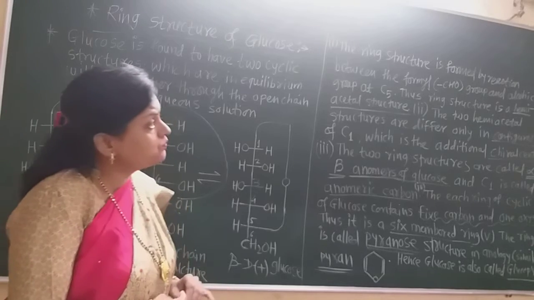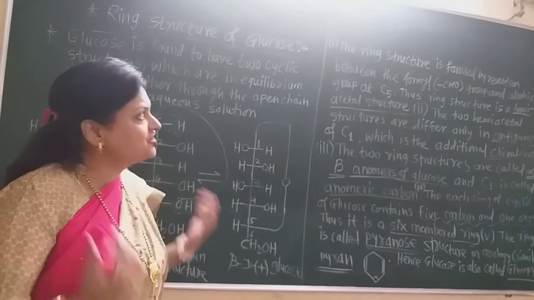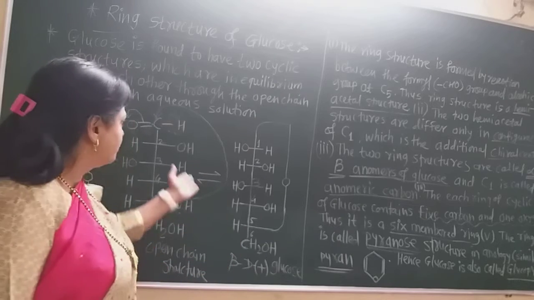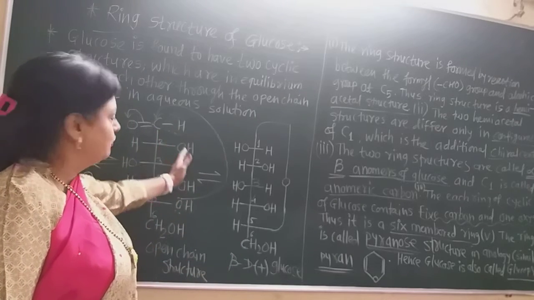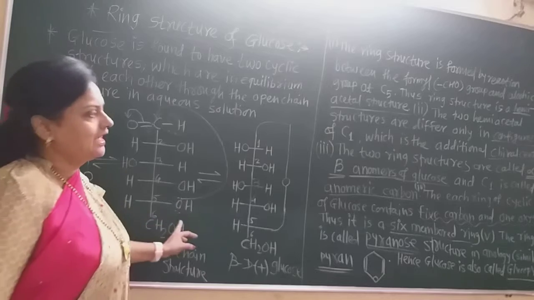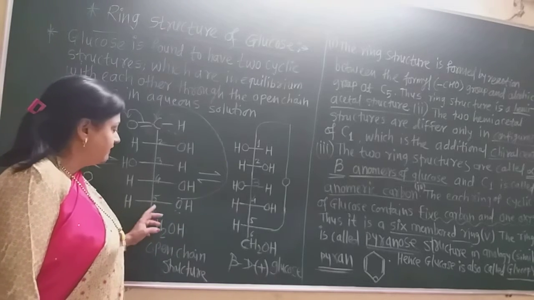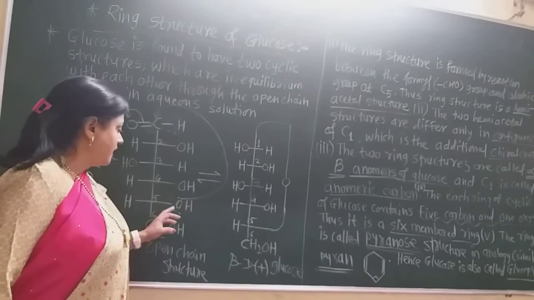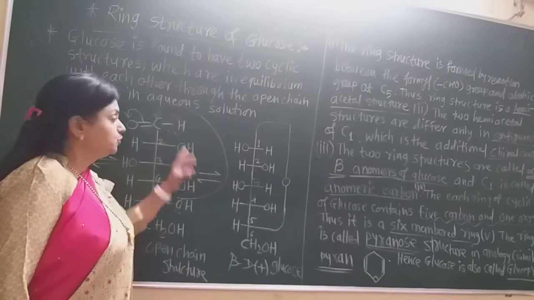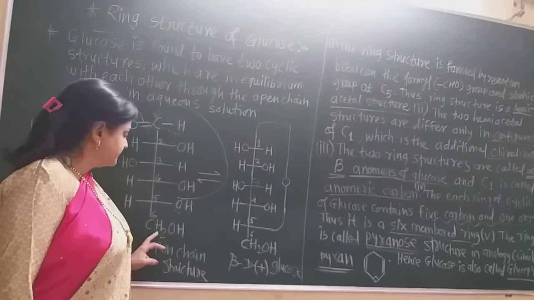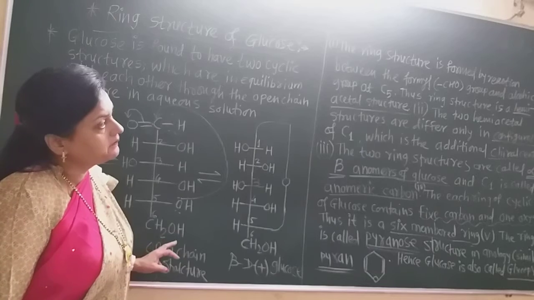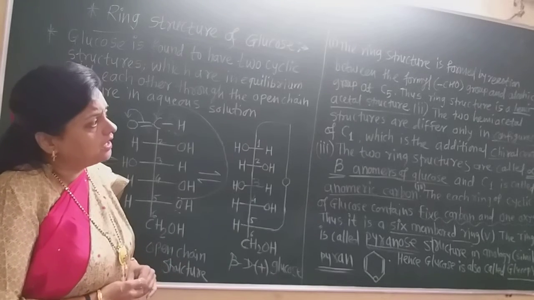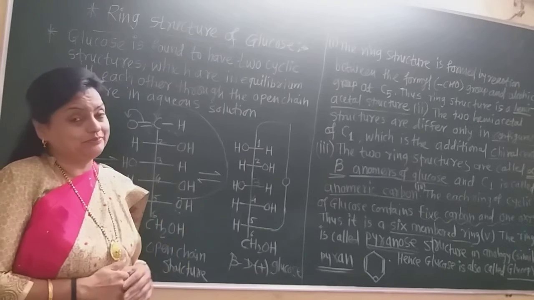The ring structure is formed by reaction between the formyl group, as I show here, and the alcoholic group at the C5 carbon atom. Always join the C5 hydroxyl oxygen to the C1 carbon, not the C6 hydroxyl oxygen. Remember that.